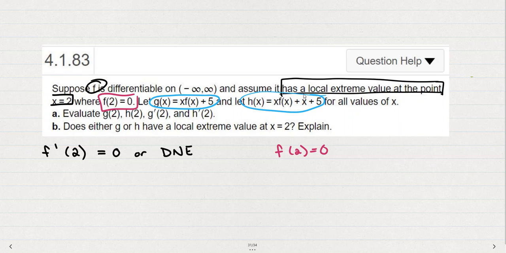So let's look at the first question, evaluate g of 2. To find g of 2, we're going to put in 2 for x, so g of 2 is going to equal 2 times f of 2, which is 0, plus 5. So we can see that g of 2 will be 5.